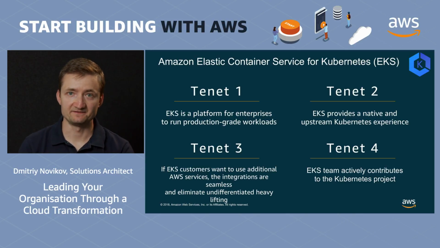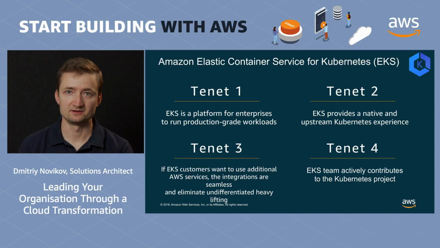EKS provides a native upstream Kubernetes experience, and modifications or improvements that you make in our service must be transparent to the Kubernetes end user. This means that your existing Kubernetes experience and know-how applies directly to EKS.